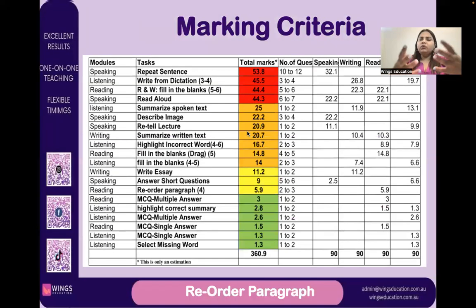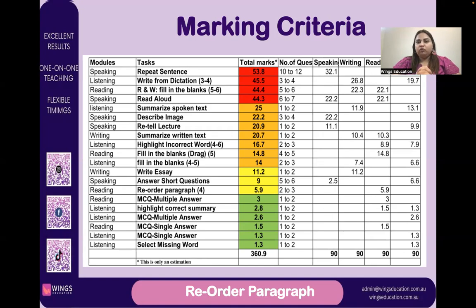So, whenever we try to understand that, we also try to look at the importance of the question. So you will see that reorder paragraph questions, they are not important. They're green or yellow color questions. I consider them green color questions because they're only giving you 6 points out of 2 or 3 questions. So they're not important. So we would prefer not spending a lot of time on solving these questions.